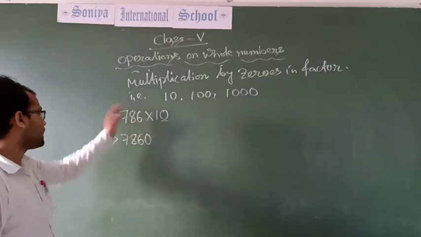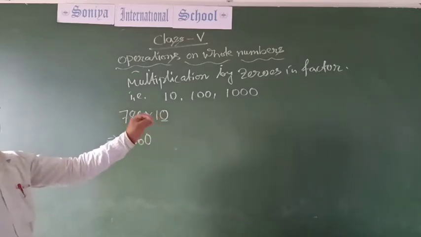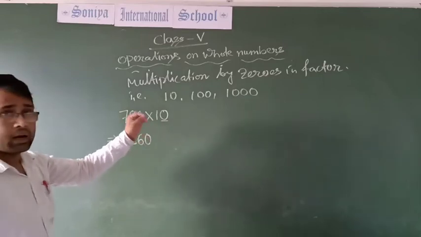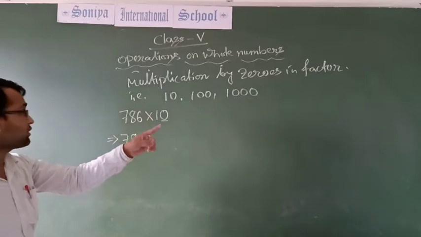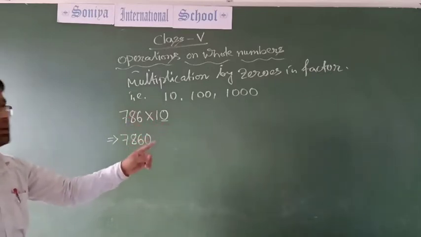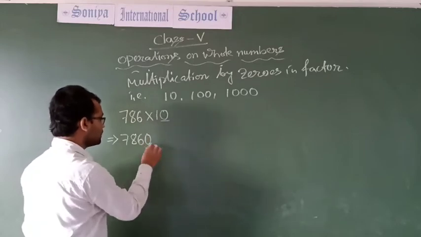Because of zero, that means all over zero. Some time ago I discussed two-digit and three-digit numbers; the same process applies.